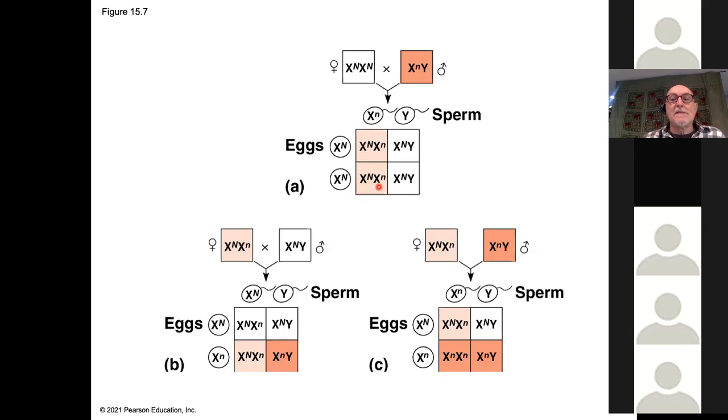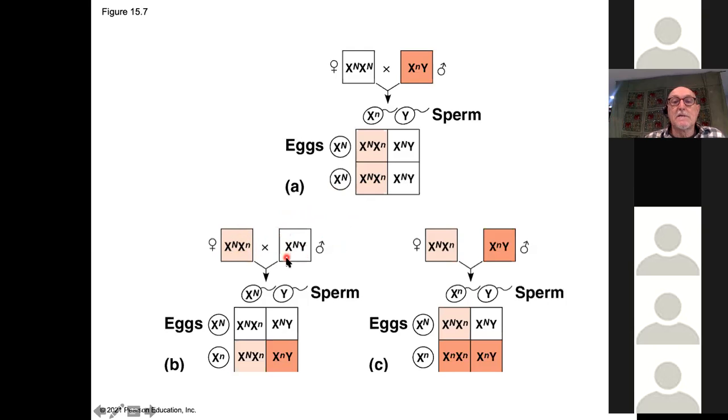And let's see what happens now when we take females like this, and we start to see how their progeny might turn out. Here they are. Big N, little n. She's lightly shaded because she's a carrier. Now we're going to breed her with a completely normal vision male.